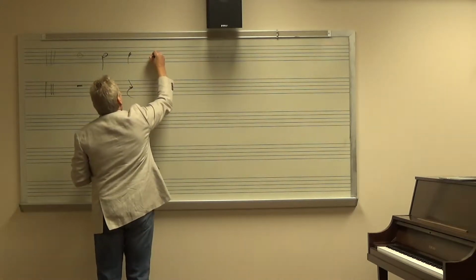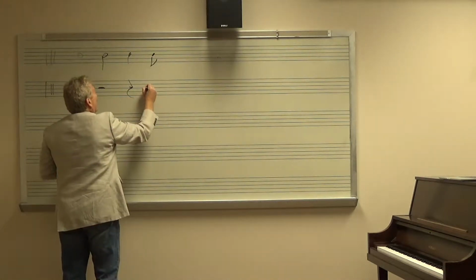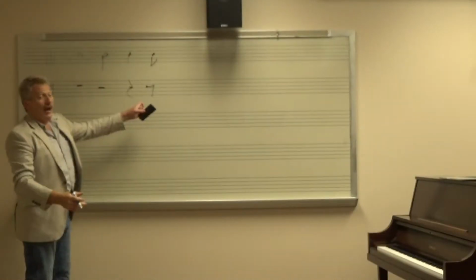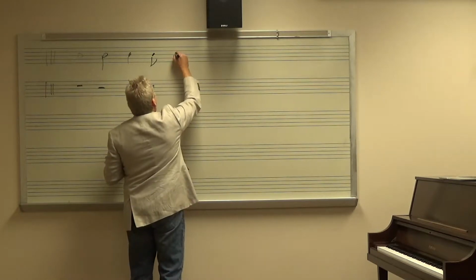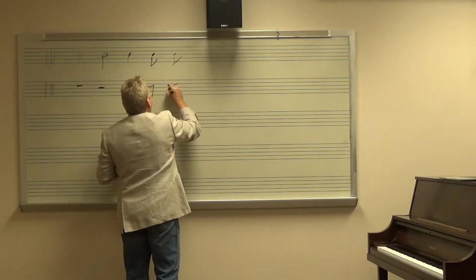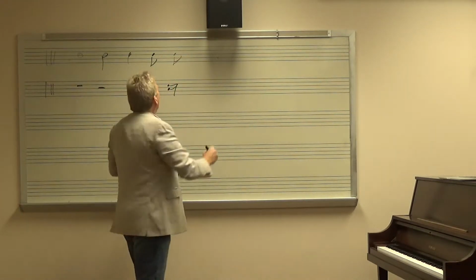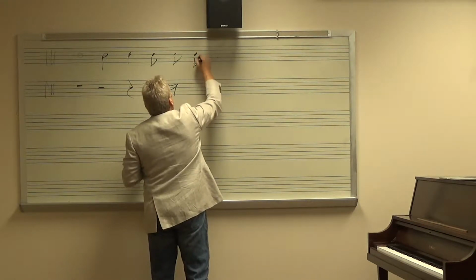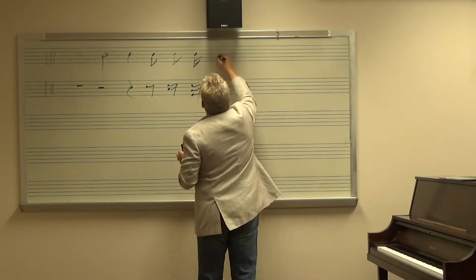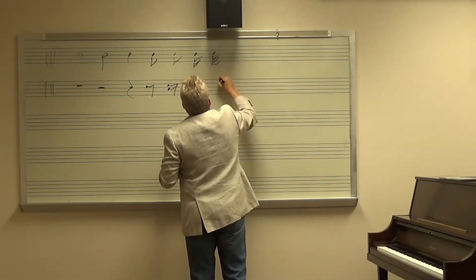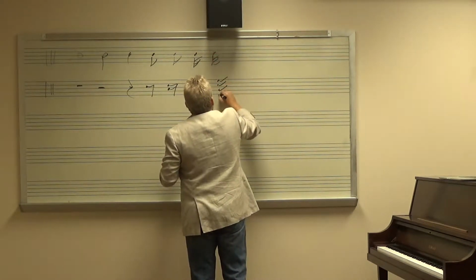Our eighth note rest will then be a dot with a flag off it and a line down. So the flag is in the opposite direction there. Our 16th note rest will be two flags and down. Our 32nd note rest will be three of those flags and down, and our 64th, four flags and down.